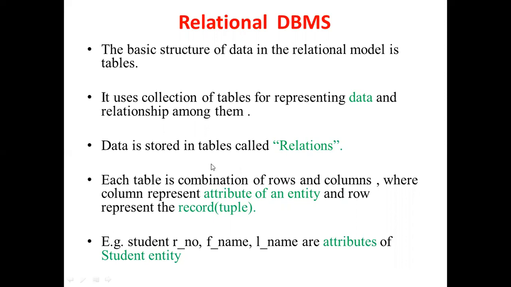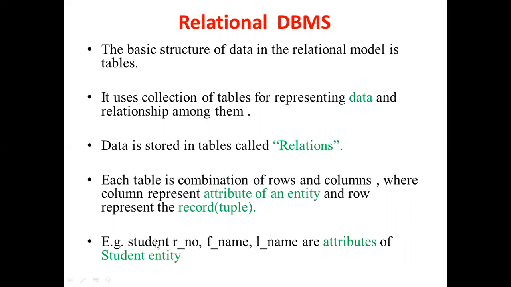Here the table, or you can say the relation, is nothing but a combination of rows and columns, where the column represents an attribute of an entity and a row represents a record, also called a tuple. For example, if there is a database where the information is related to a student's roll number, first name, last name, etc., these are the characteristics of the student.